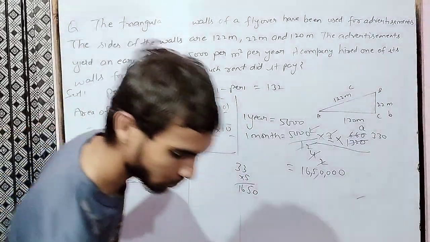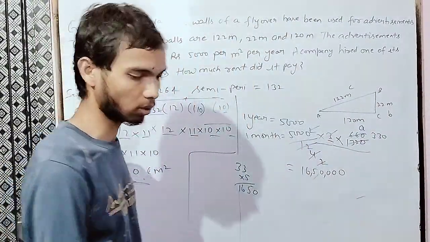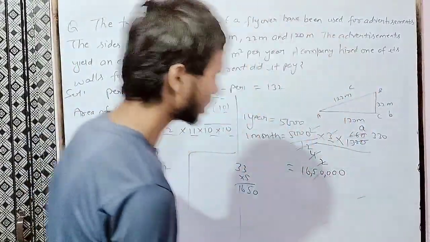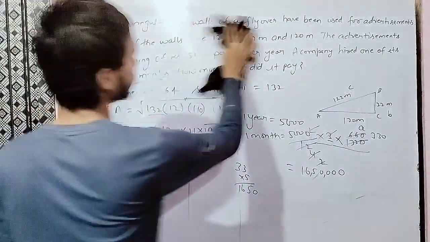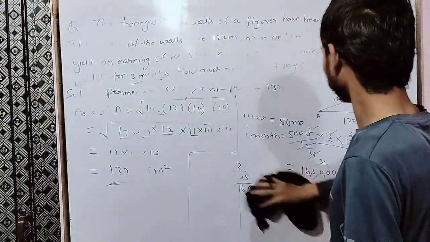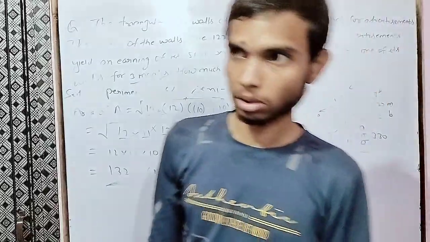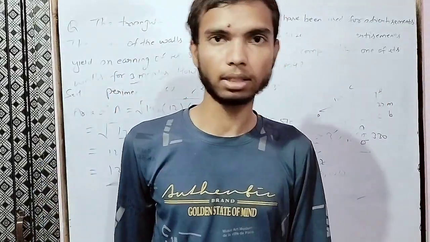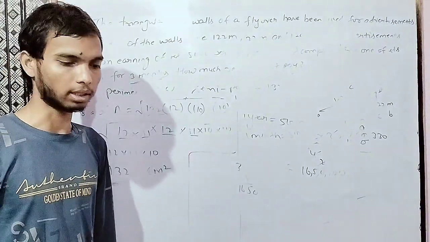Now next question. This took a long time because I made a mistake here. That's why. You solve the question carefully. Even you can make a mistake, but making a mistake is not a bad thing. It happens automatically.